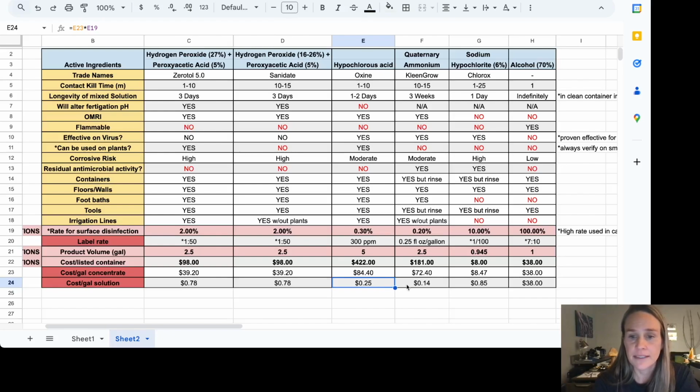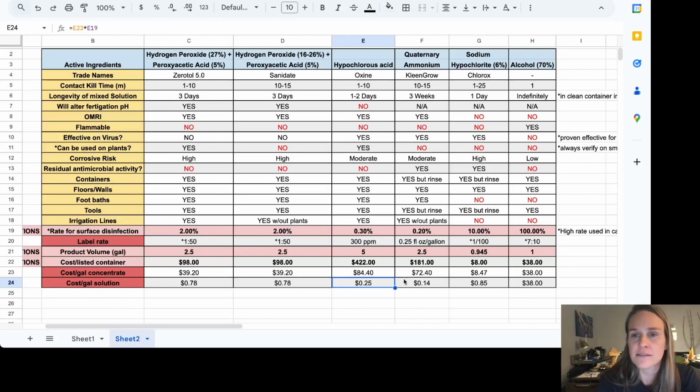Quaternary ammonium, it is the lowest cost of everything, but keep in mind this is one that you cannot put on plants, but it does have lingering effects. So again, for walkways, for walls, this could be a really good option and a very inexpensive option. 14 cents versus 78 cents for a large grow, that adds up very, very fast.